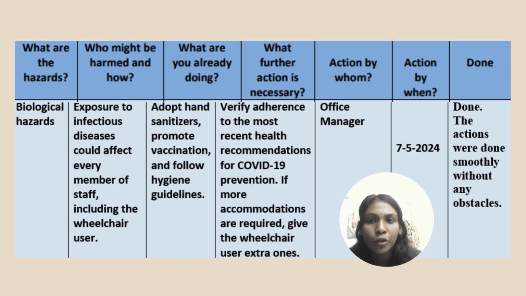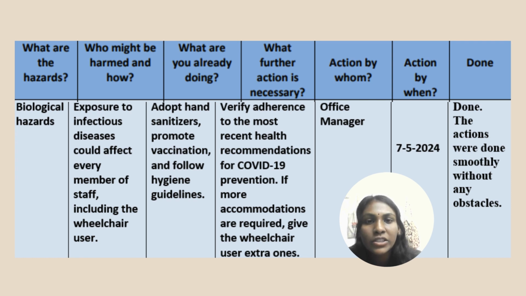So the following hazard is biological hazard. Who might be harmed and how? Exposure to infectious diseases could affect every member of the staff, including the wheelchair user. So what are you already doing? We adopt hand sanitizer and promote vaccination and follow some hygienic guidelines, which can help the staff and employees.